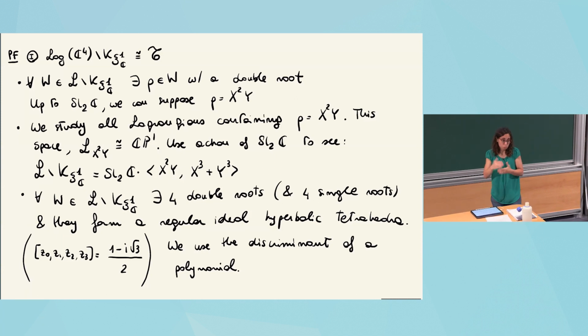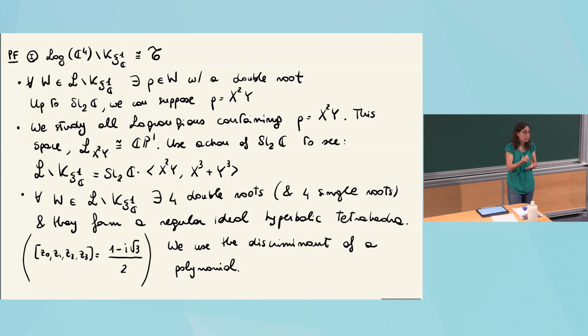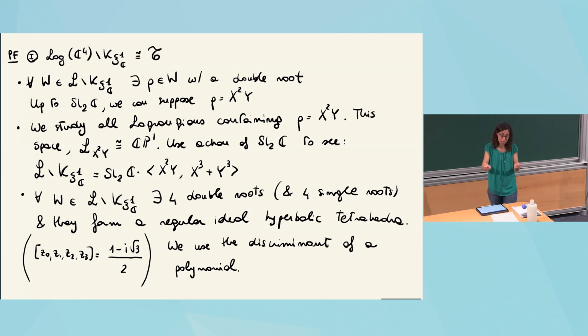And so you can suppose that the point in your Lagrangian is x squared y. Then you study all the Lagrangians that contain this point, this x squared y. This is a CP1, and so again you can write it concretely. What does it mean to be Lagrangian and to contain this point?